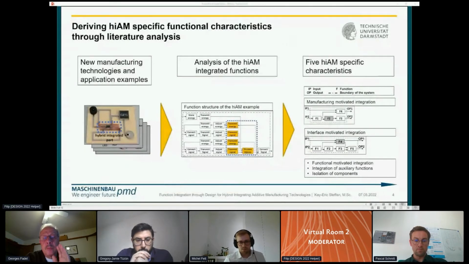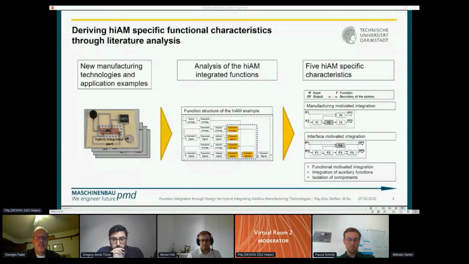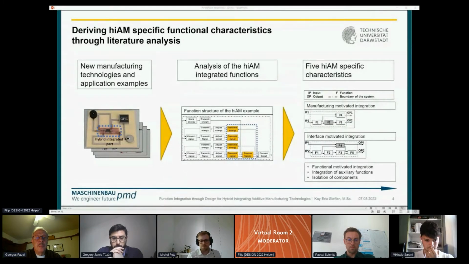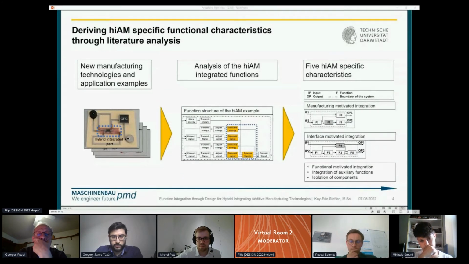First, the interface-motivated integration for the simplification or elimination of interfaces between components. Second, the manufacturing-motivated integration of the simplified assembly of components during component production. Third, the functional-motivated integration for the functional expansion or optimization.